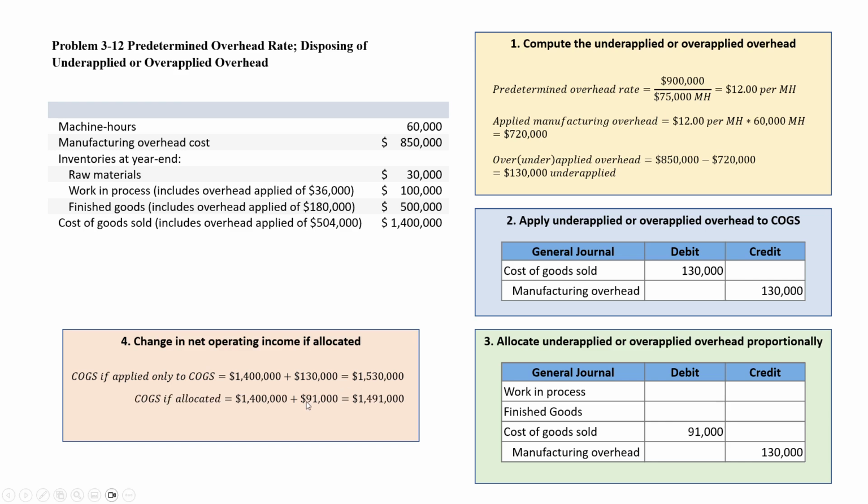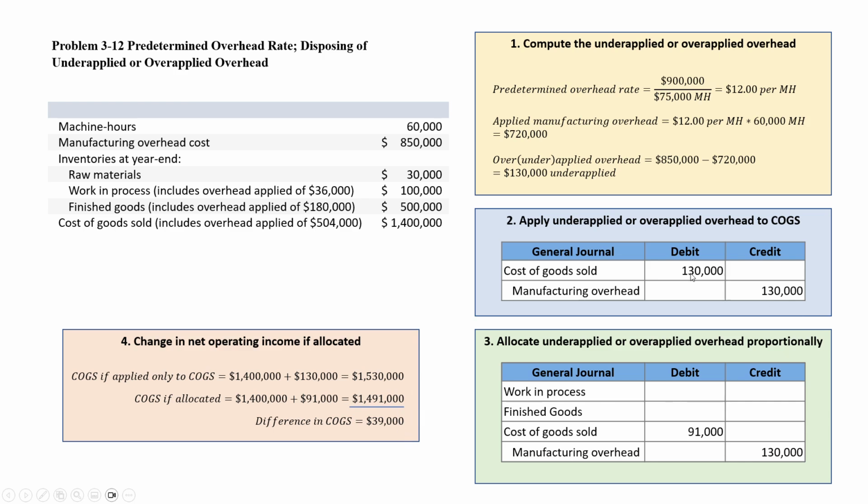If instead we allocated amongst the three different accounts, work in process, finished goods, and cost of goods sold, a lower amount, only $91,000, would get added to our $1.4 million, and it will only bring up our expense to $1,491,000. That's a different expense if you compare these numbers of $39,000.